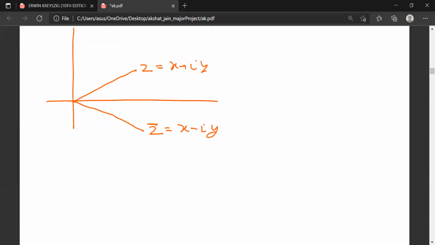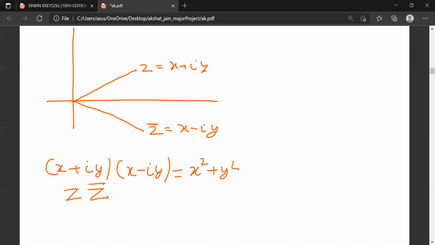We know from above that when we multiply x plus iota y with x minus iota y, we always get x square plus y square. That is, when we multiply z with its conjugate z bar, what is the mod value?